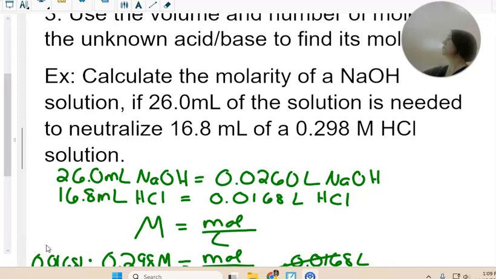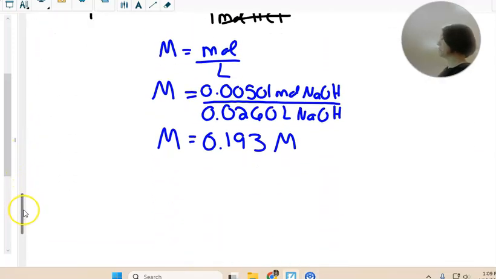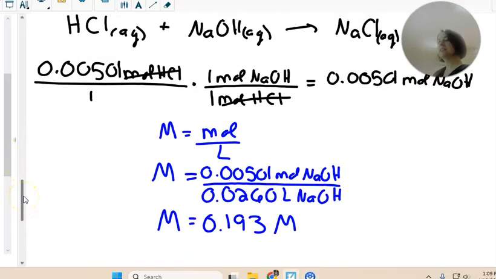But we used less of the hydrochloric acid and more of the sodium hydroxide, which means the sodium hydroxide is a little less concentrated because it took more of it. And is it close to 0.3 but less concentrated than that? Yeah, it's less concentrated. It's about 0.2. It's less concentrated than the HCl. So we answered the question, got a reasonable answer.